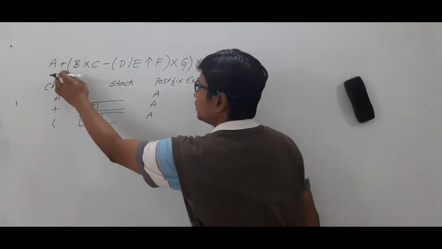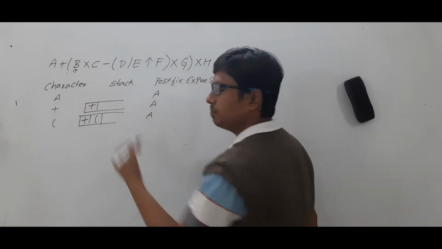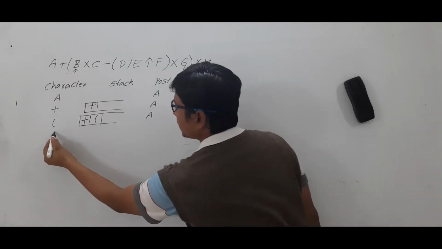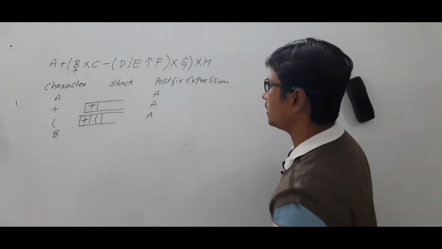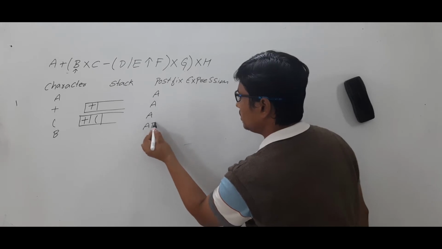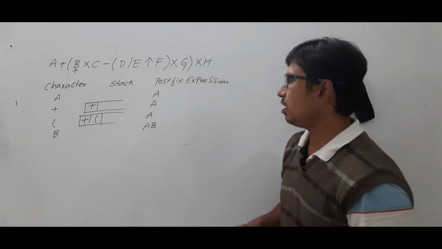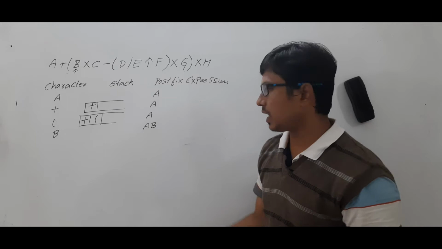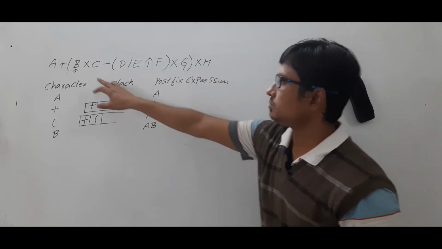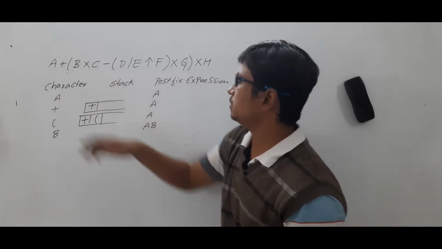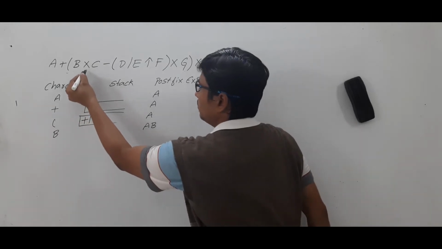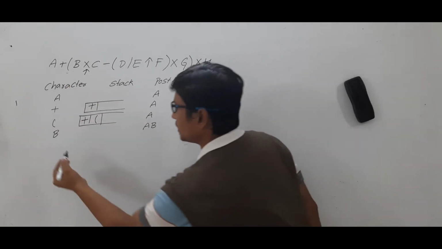The next one you need to scan is the B, which is an operand. If it is an operand, you will directly write it in the postfix expression. Already you have A, now you are appending B to that. Now, the next one you need to scan is the multiplication, which is an operator.